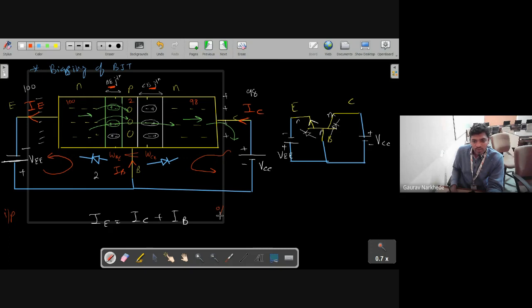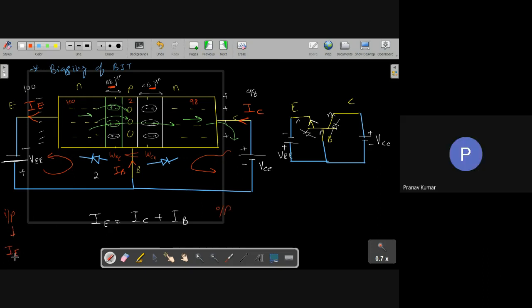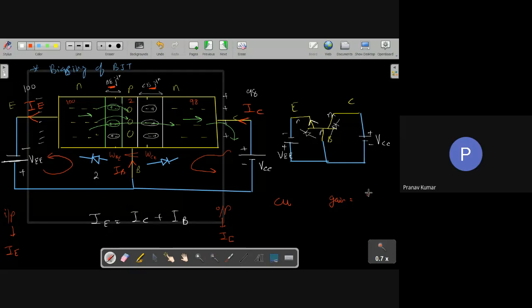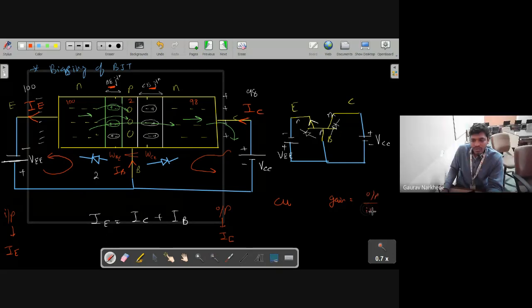Okay. Now if I consider this as input, left side में मैंने input बोल दिया और right side में मैंने output बोल दिया, तो input current कौन सा है? IE. Output current कौन सा है? IC. Okay. So what is gain? Gain मतलब क्या होता है? Output by input. So what is current gain?